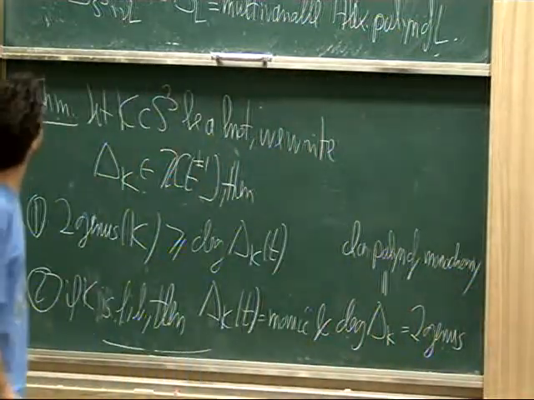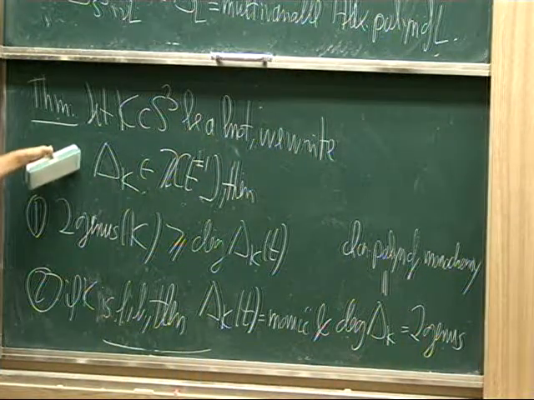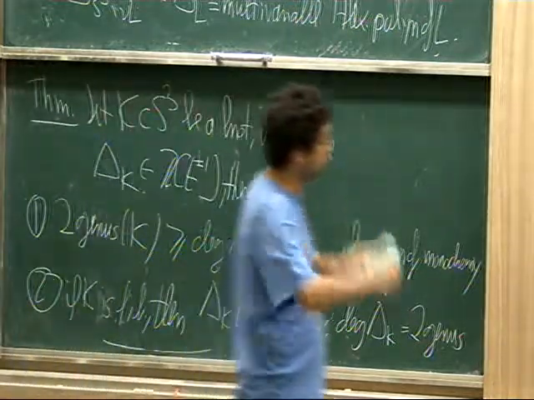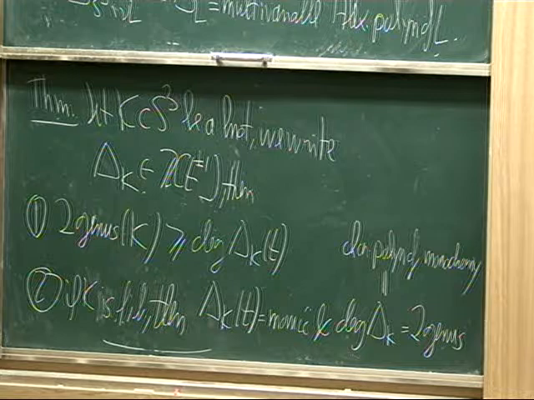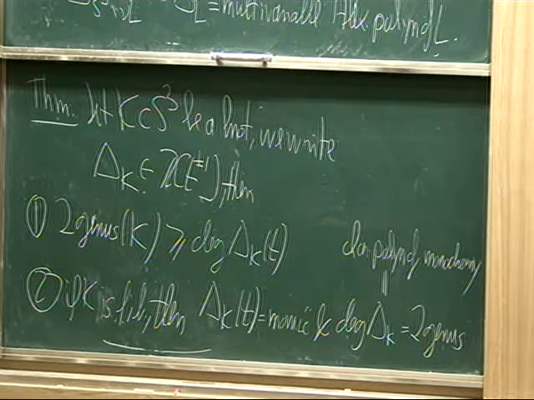Okay, so that's the setup for knots. Now I'm studying a more general setup, namely I look at the first norm of a 3-manifold, and it turns out there's a very similar theorem, which is not much harder to prove.